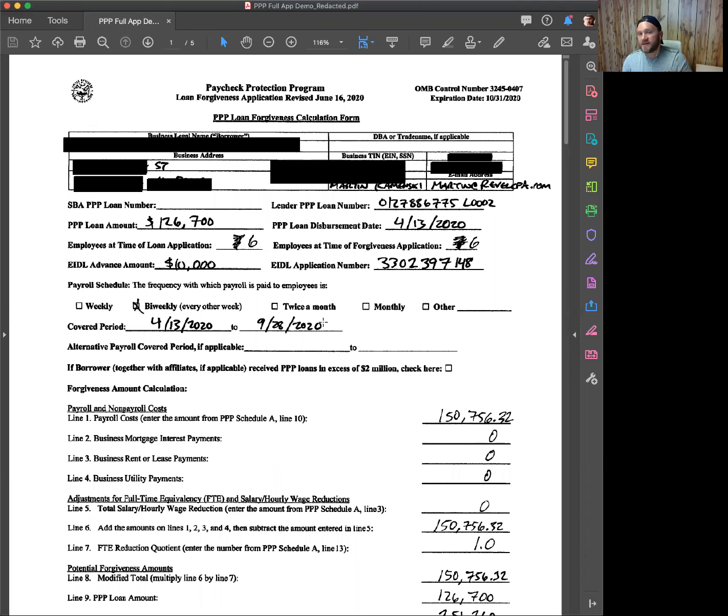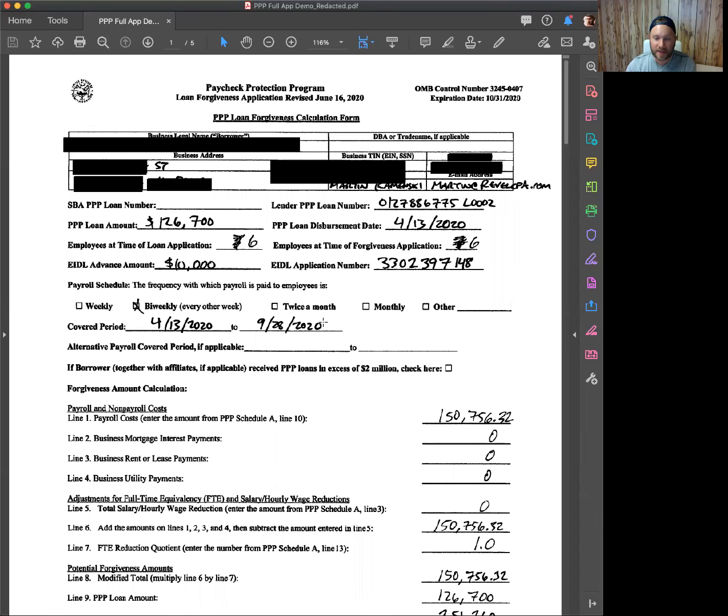The two other ways to get access to the easy form, generally speaking, involve you not having reduced people's pay during the point of COVID impact on your business. And if that's true, then you may be able to get by just doing the easy form as well.